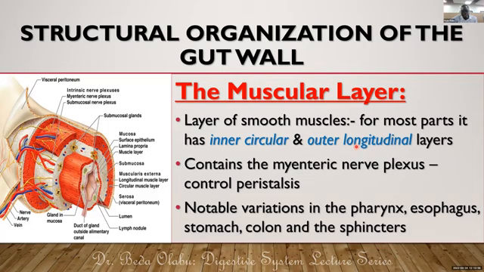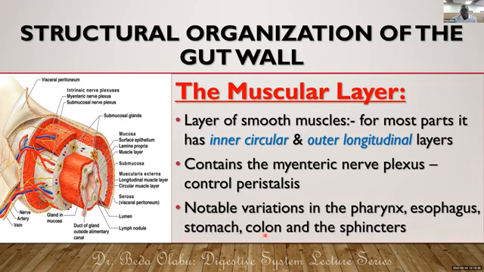And because it's the innermost, it will now make the circular one be in the middle. So for the stomach, we talk of outer longitudinal, middle circular, and the inner one usually runs oblique. So we talk of inner oblique, middle circular, and outer longitudinal layers of muscles. Those are the variations we see in the stomach concerning this particular layer.